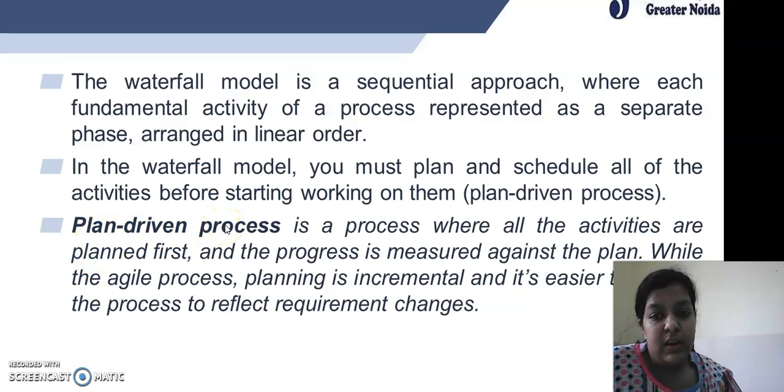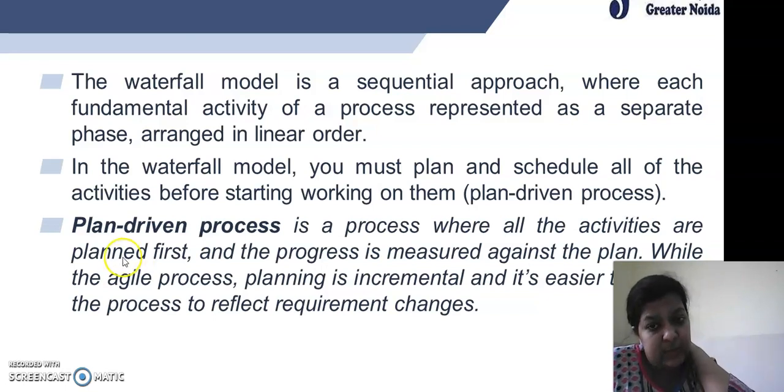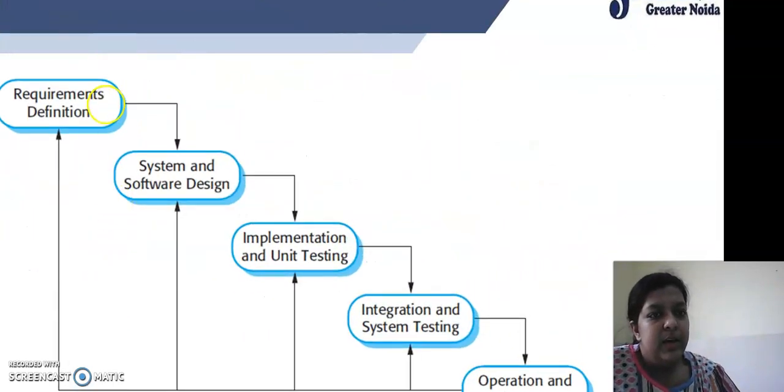It means whenever we are doing any work or activity, it is planned and cannot change in between. All the activities are planned and only then they are processed. Clear?